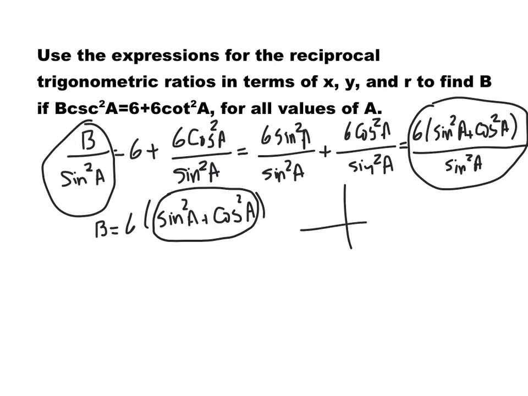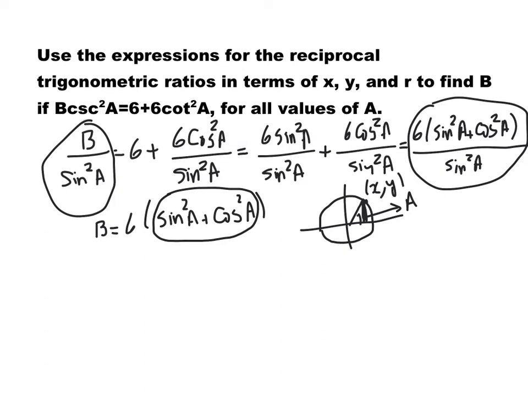Imagine I draw a circle here and the radius is 1. Let's say this is angle A. Then sine is going to be opposite over hypotenuse. So it's going to be opposite, which is this side. Let's say the coordinate of this point is x, y.